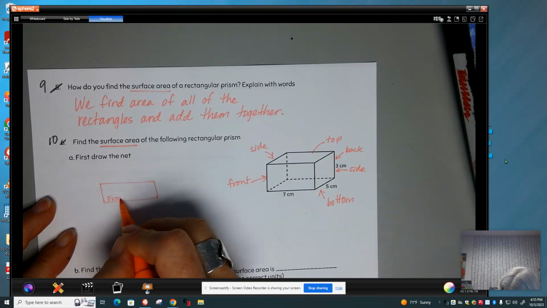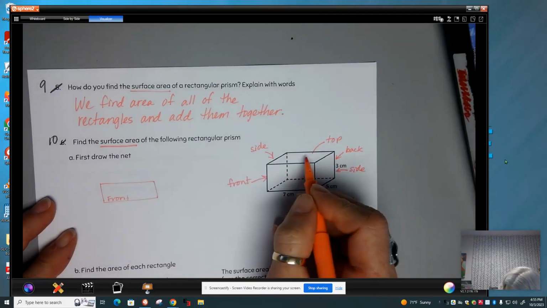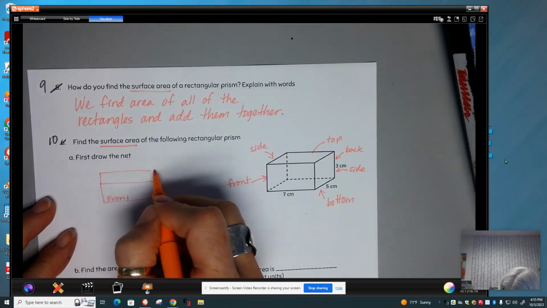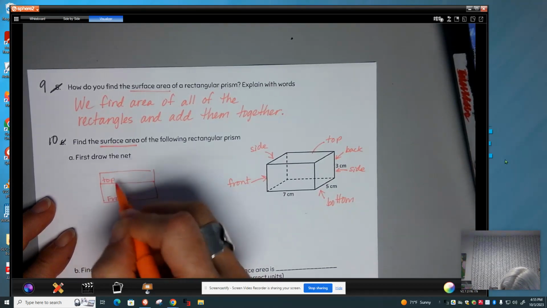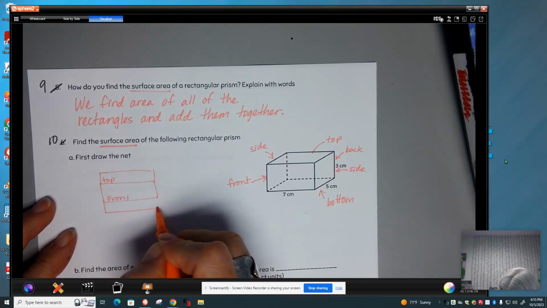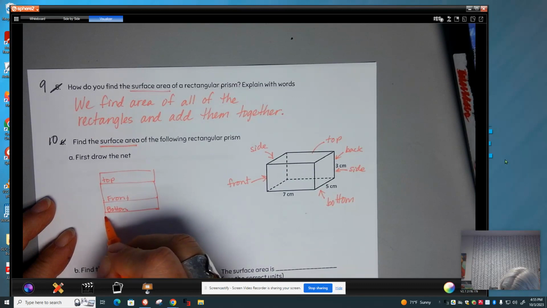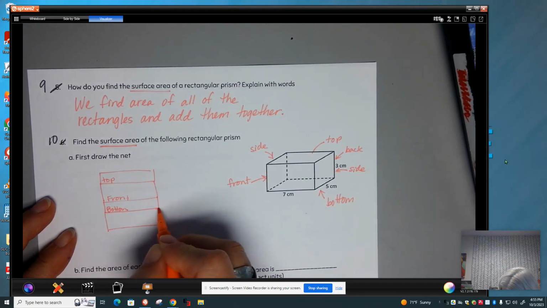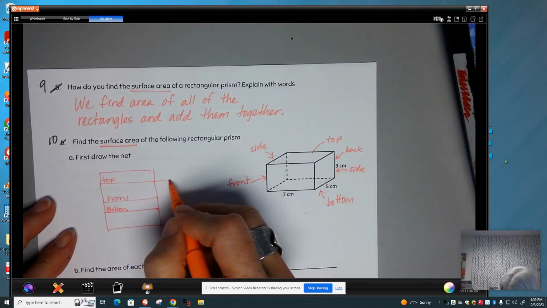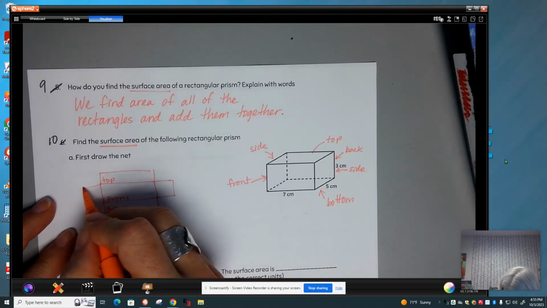I'm going to say this is my front. So attached to that is going to be my top. And the top and the bottom are always the same size. I'll put bottom. And the back and the front are always the same size, so I'm going to make that a little bit bigger. And then I have my side, and I have my side.